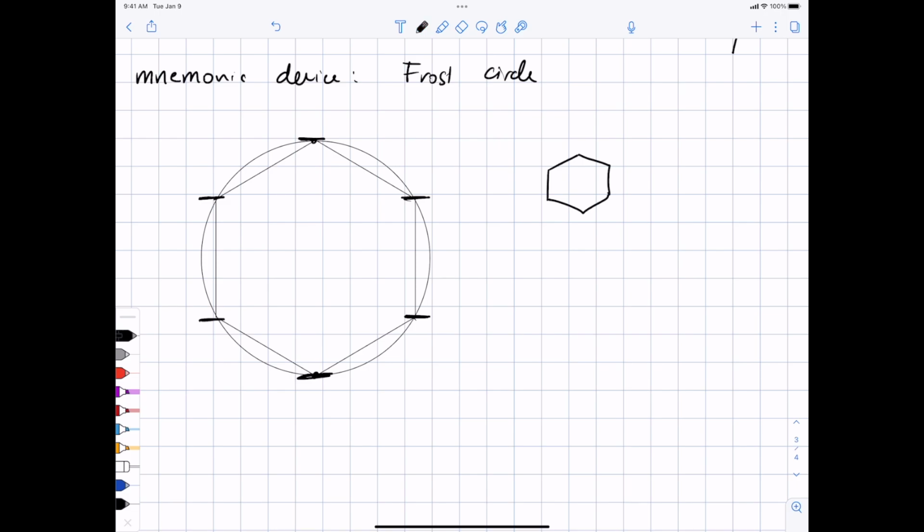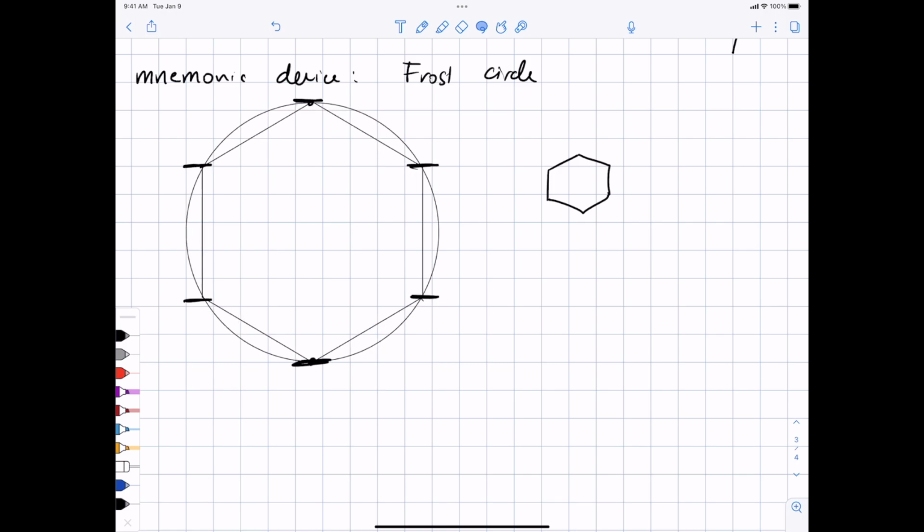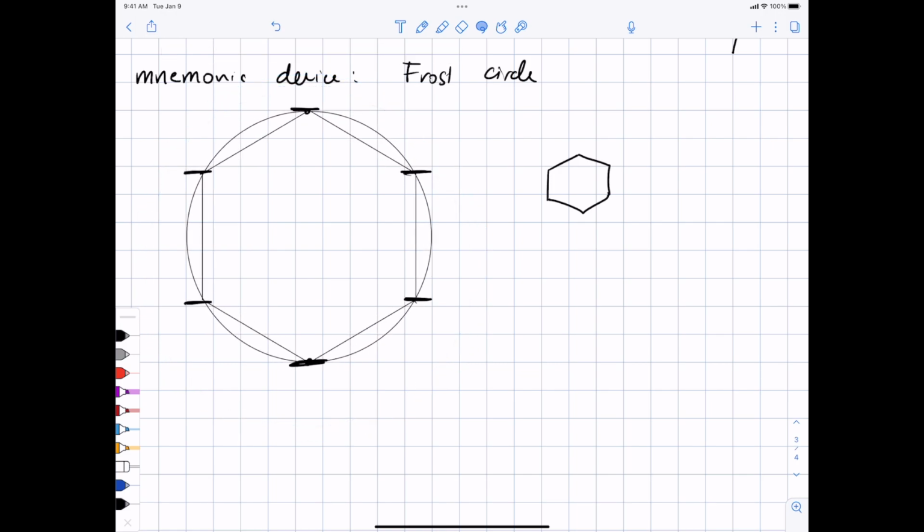Need to find the midpoint of the circle.